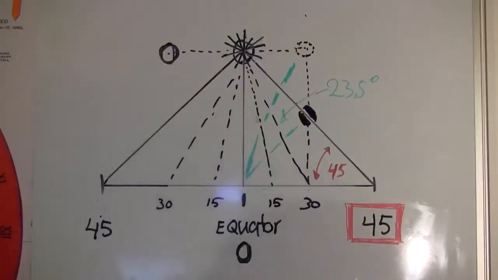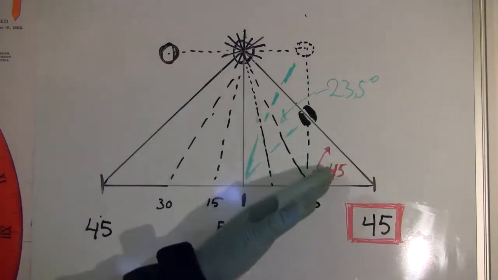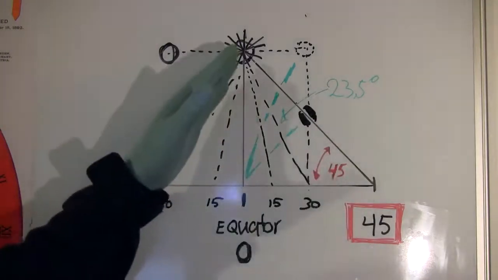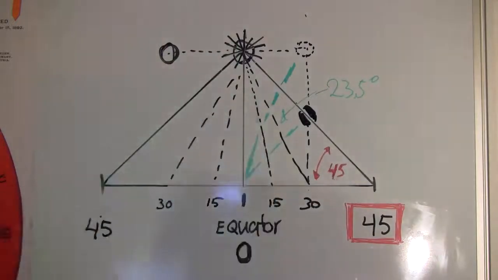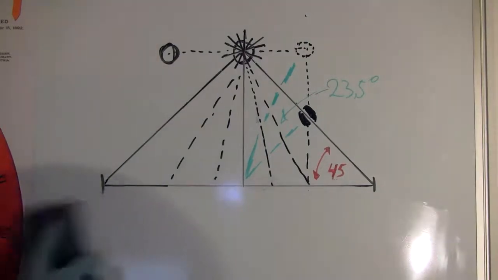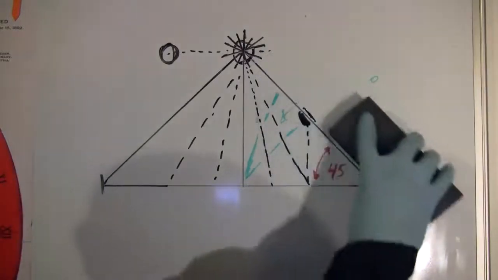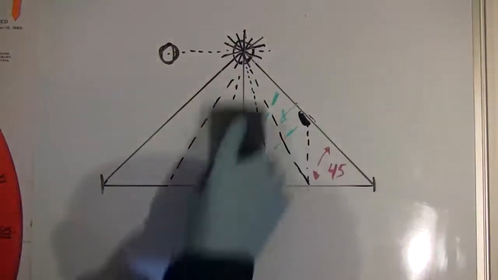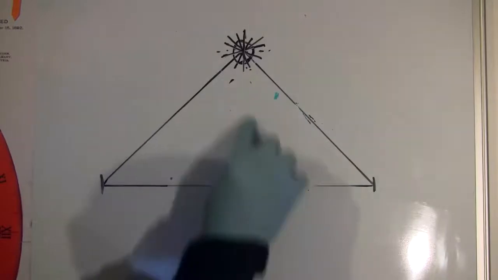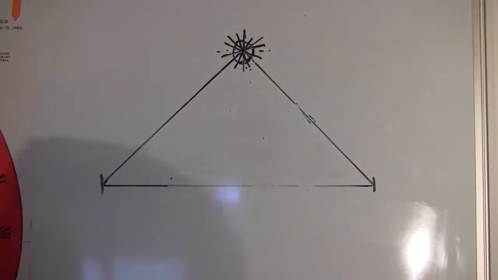Marilyn, now we know the importance of the equator, the importance of the 45 degrees latitude, the importance of the sun, the importance of the pyramid. Do you see what I see? Do you see it?